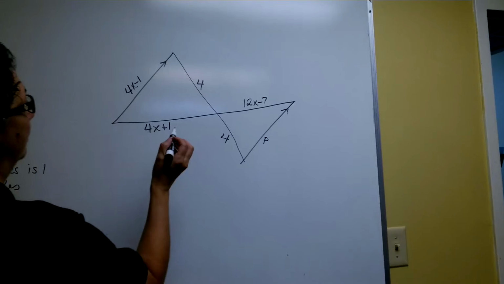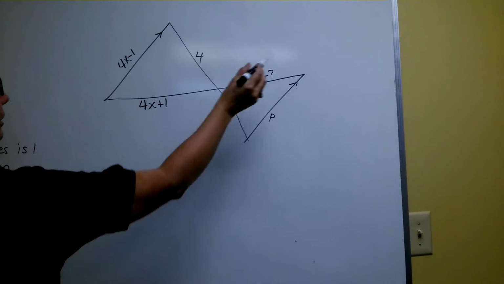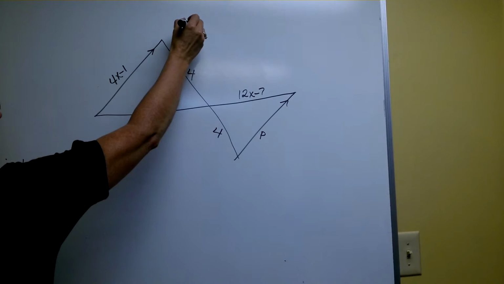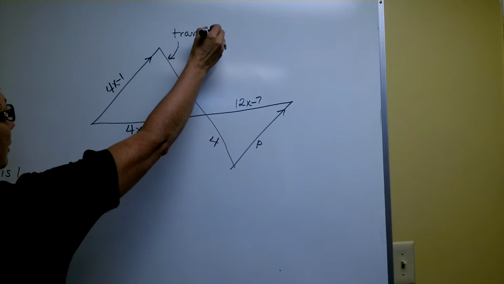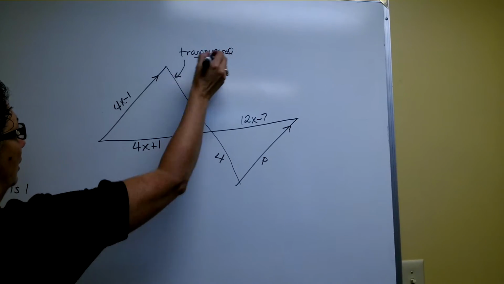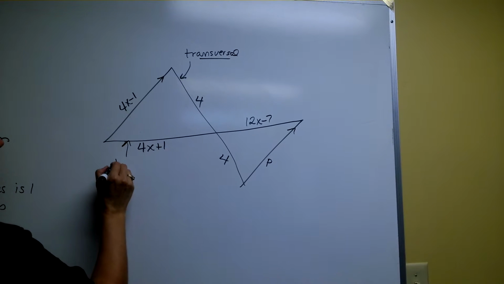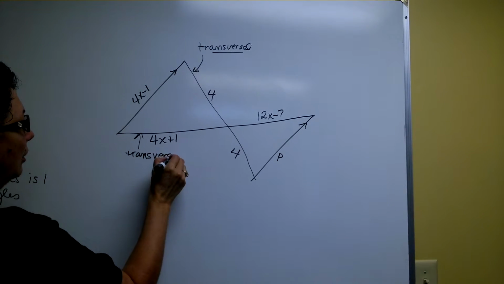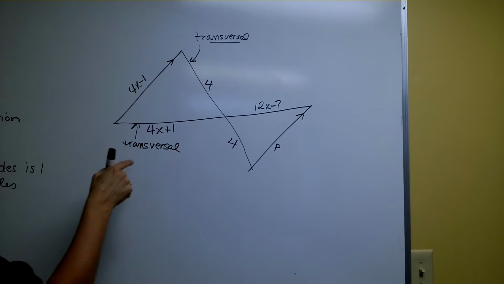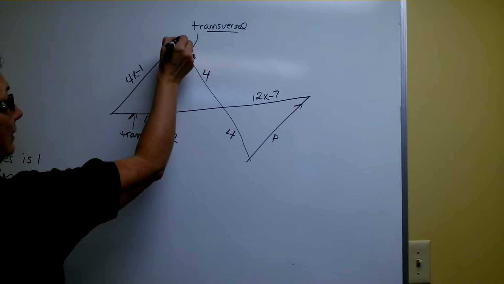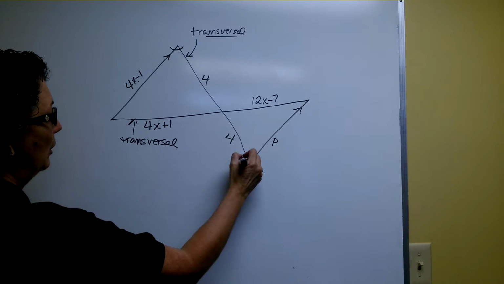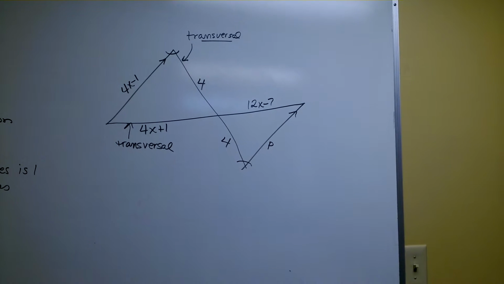So these two, remember, are parallel lines. This is a transversal. This is also a transversal. So our geometry rules tell us that the measure of this angle is the same as the measure of that angle.